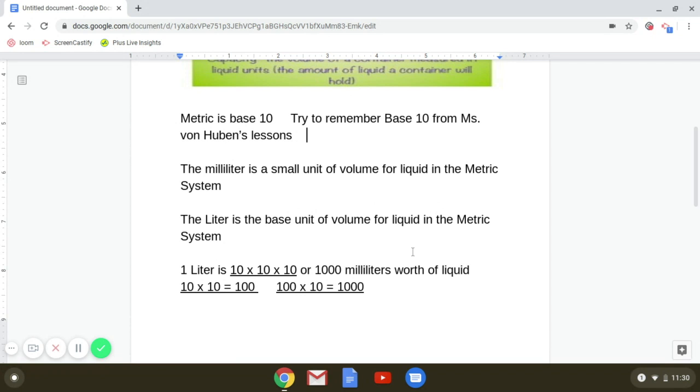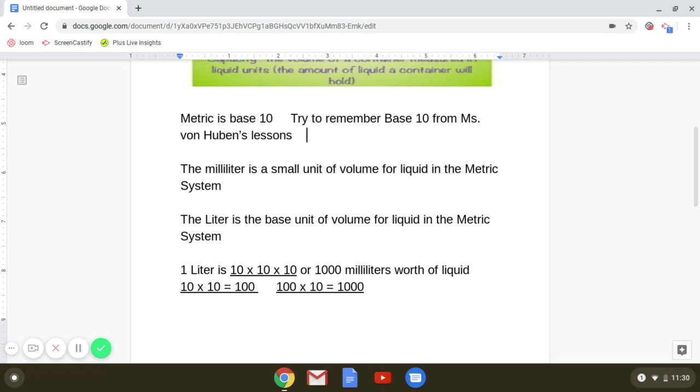All right, guys, try to find some containers around your homes where you can find the labels that say how many liters it holds, how many milliliters it holds. Then I want you to think about some containers in your house, and they could be large containers, and what would you use to fill them up?